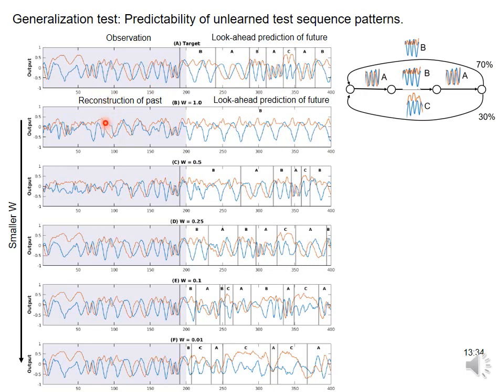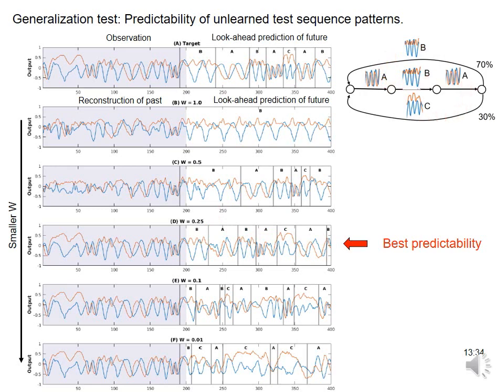When W is decreased to around 0.25, we see a very good reconstruction of the past, and the future prediction between the target and this one is also very good. It is saying that BA, CAB, is actually following the finite state machine.